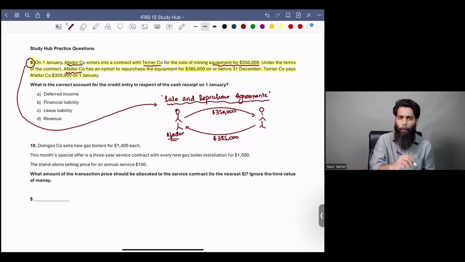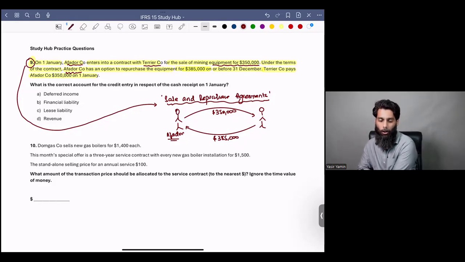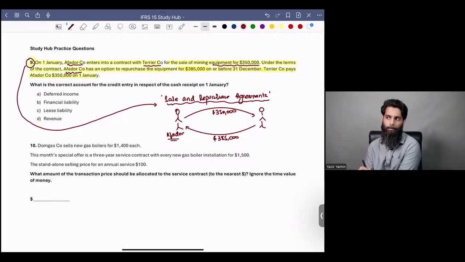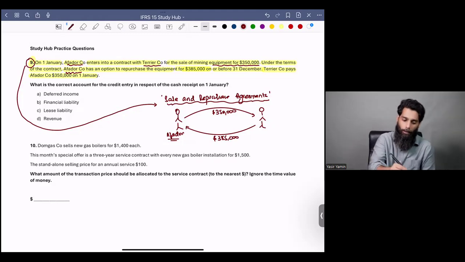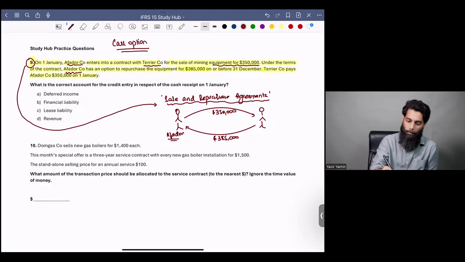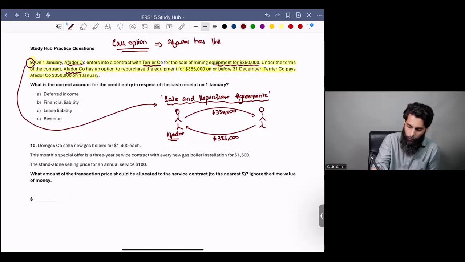Is this a call option or a put option? Remember, call options are the right to purchase, put options the right to sell. What is this case? Ecuador company has the option to buy back the goods for 385,000. It's a call option. Ecuador has the option to buy back.